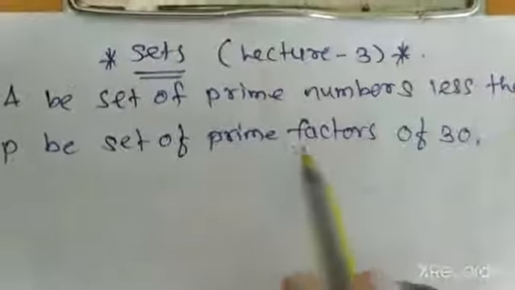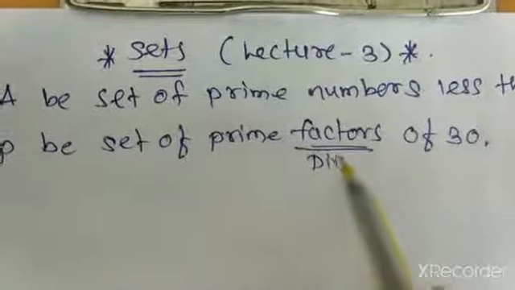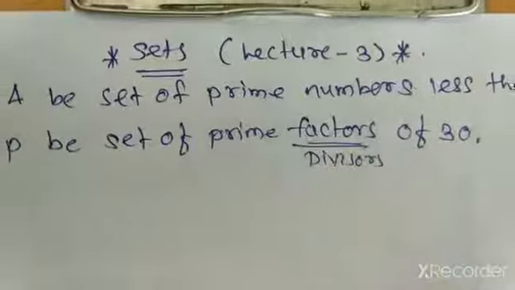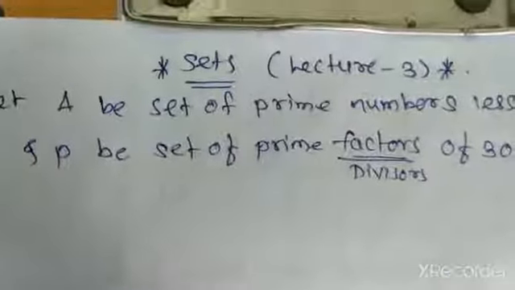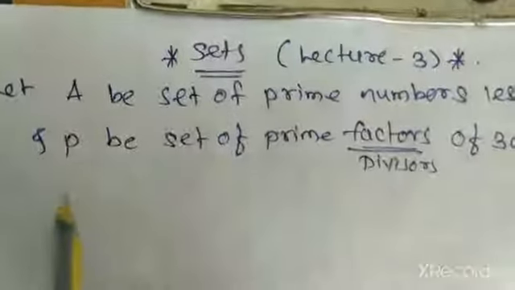Factors means we can say divisors of 30. Now in the answer we first find set A.